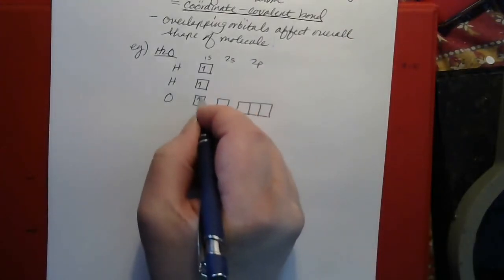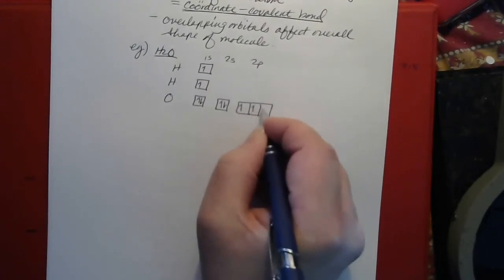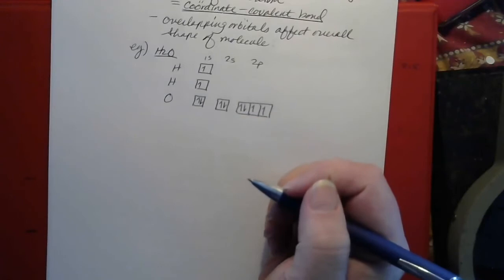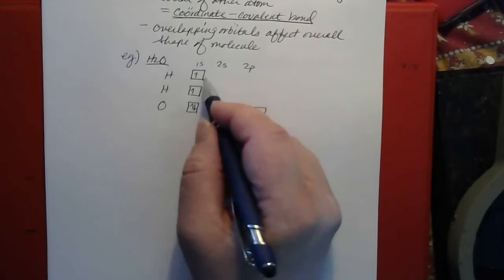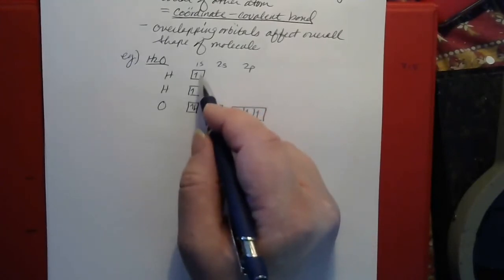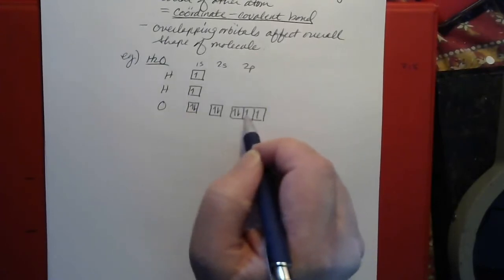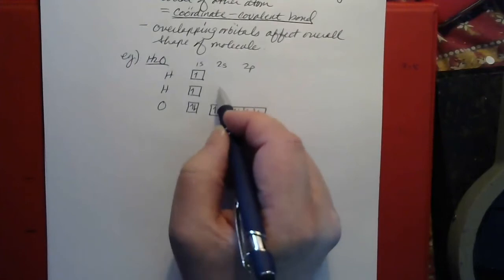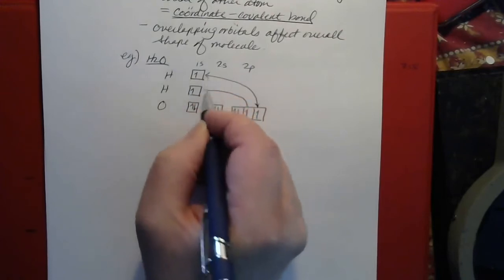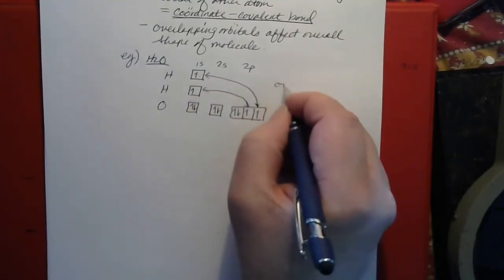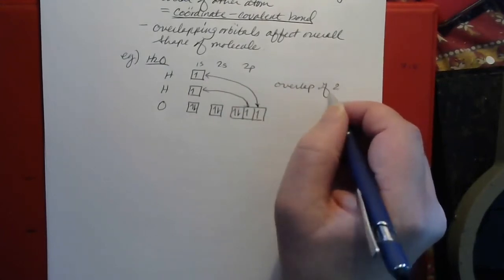And for oxygen, it's 1s2, 2s2, 2p4. And what you have is these half-filled orbitals, and the two hydrogens overlapping with these two half-filled p orbitals in the oxygen, and you get two bonds.